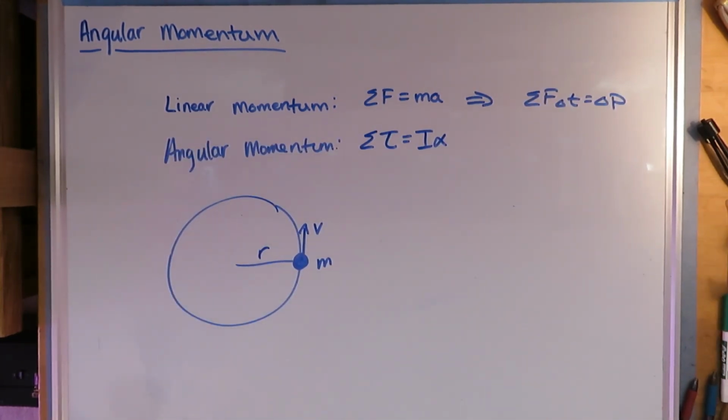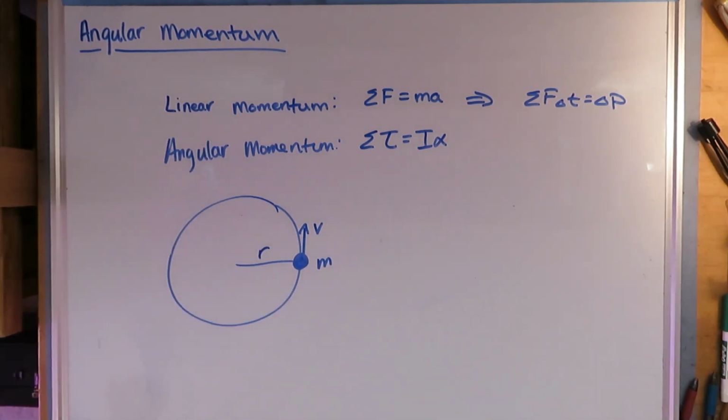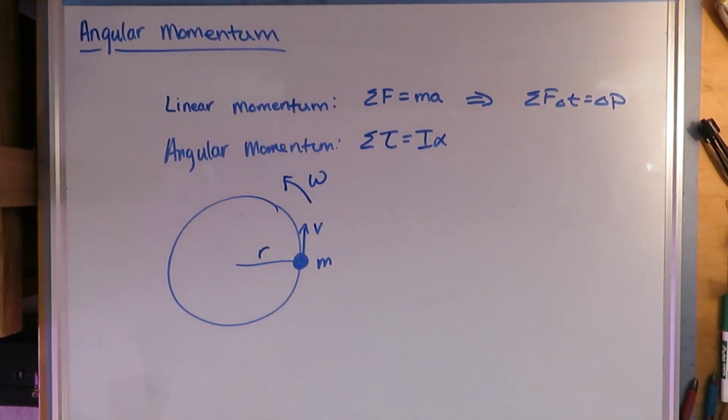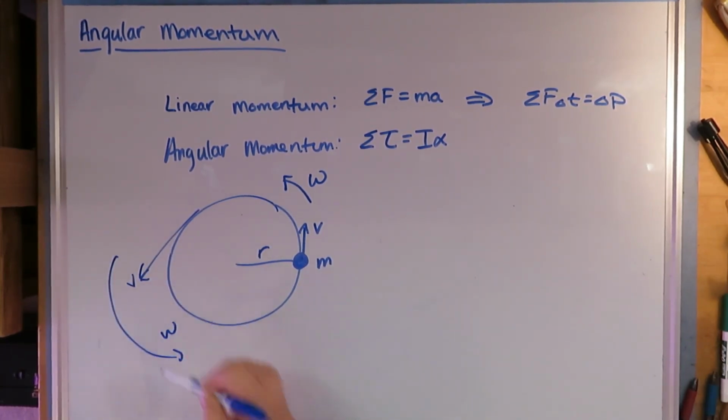If we have an object that is rotating, say consider a point mass going at some speed around a circle, then if there is a net torque, there's going to be some change in angular speed. It can be going at one speed here, and then at some other position it's going at a larger linear speed, and therefore a larger angular speed.